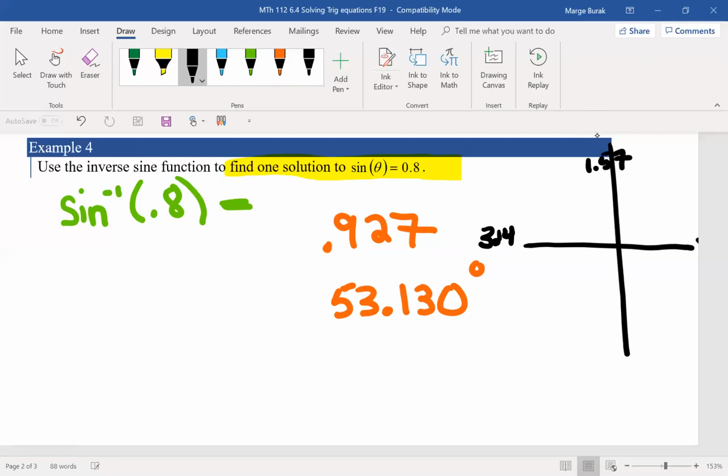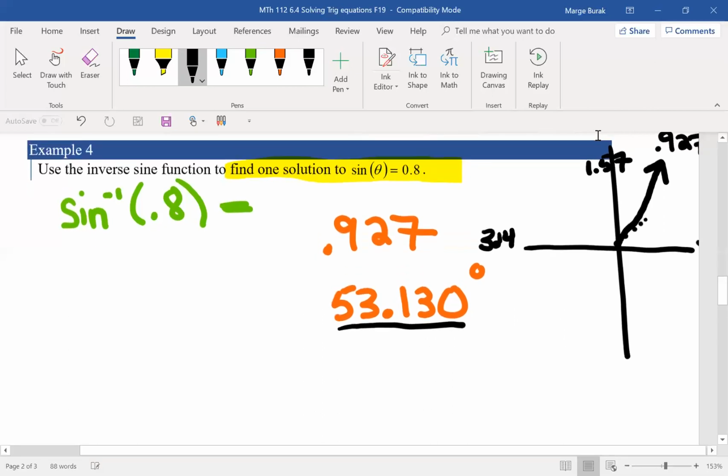Okay, so 0.9 radians is somewhere in quadrant 1. As a matter of fact, we know right where 45 degrees is, halfway. So 53 is going to be about right here. And that's going to be 0.927 radians.